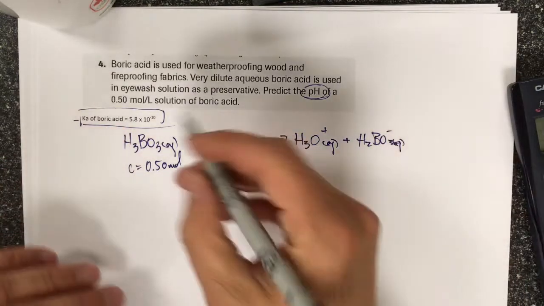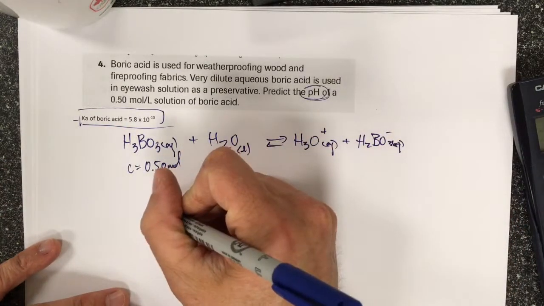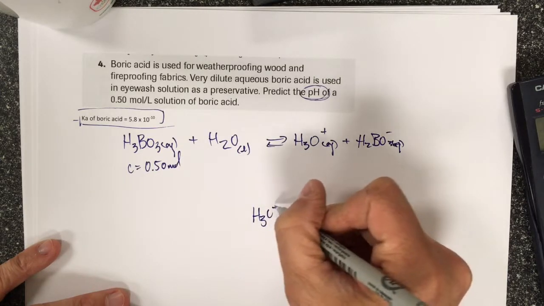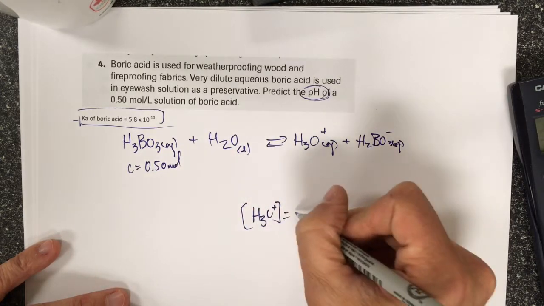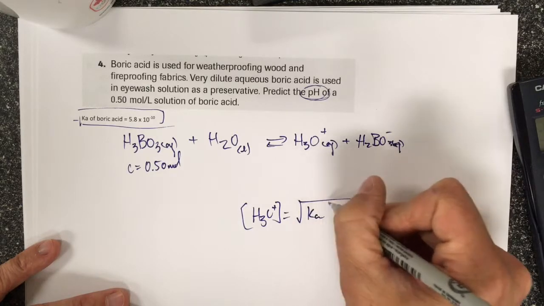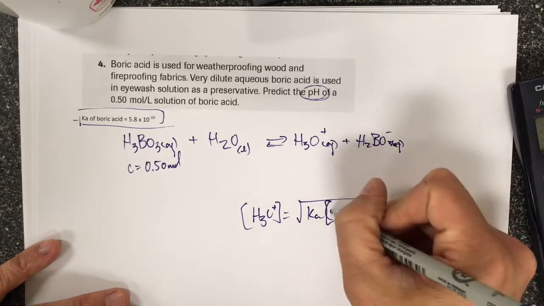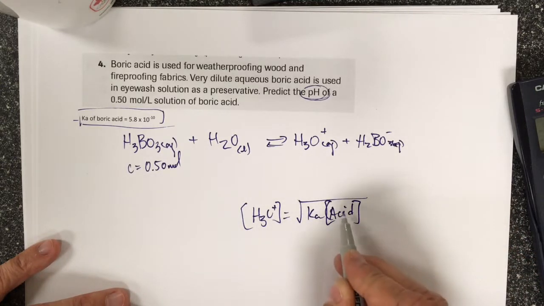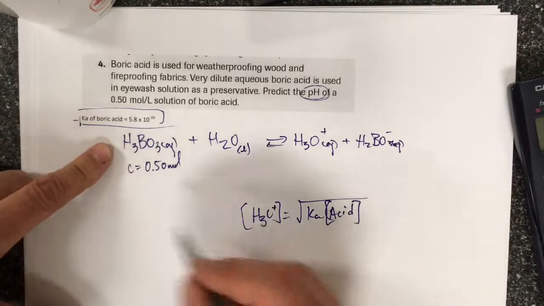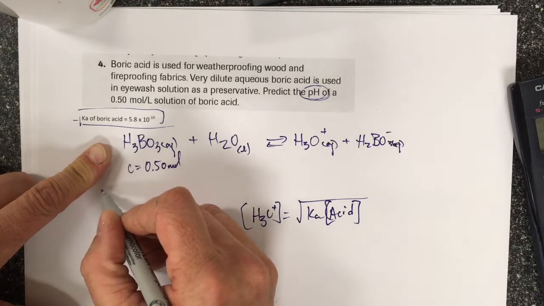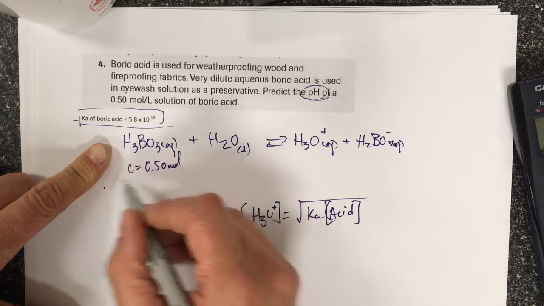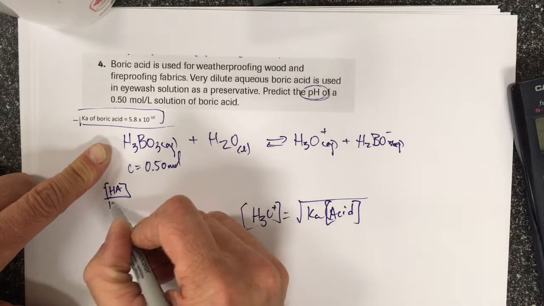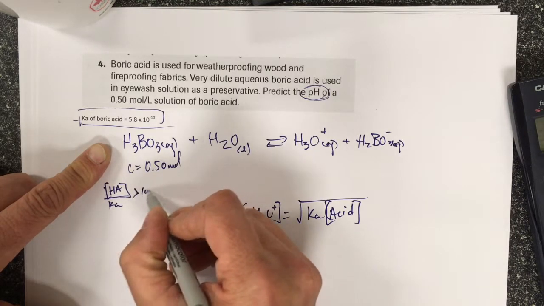In order to predict the concentration of hydroniums, we use the formula that the hydronium ion concentration equals the square root of the Ka times the concentration of the acid, in this case boric acid. In order to do this, this has to be a weak acid, and the concentration of boric acid divided by the Ka needs to be greater than 1,000.